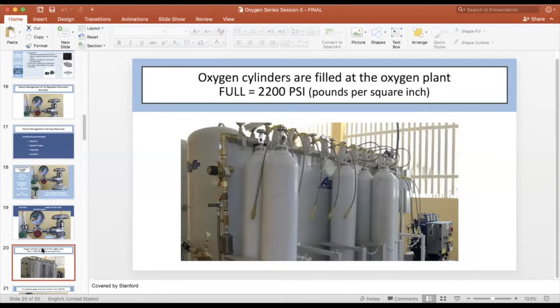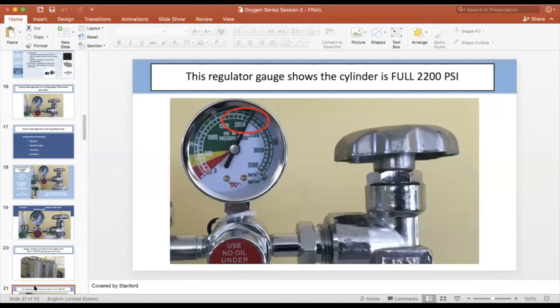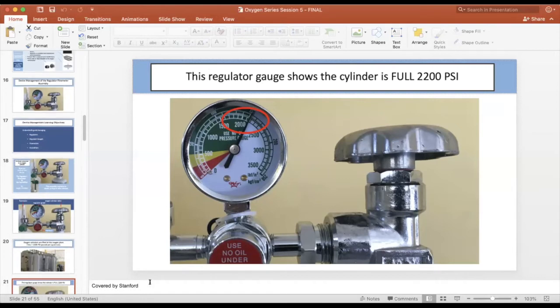Now, cylinders are different sizes, and we're going to talk about that, but any cylinder, no matter the size, is full at 2,200 PSI. When you connect the regulator to the cylinder, the regulator gauge shows the pressure that's in the cylinder. And here you see the regulator gauge is indicating 2,200 pounds per square inch.